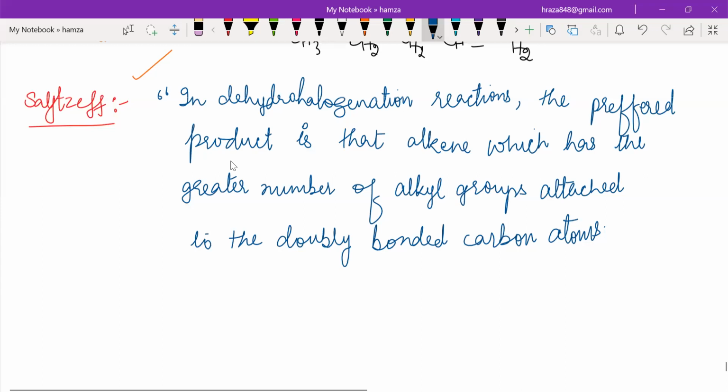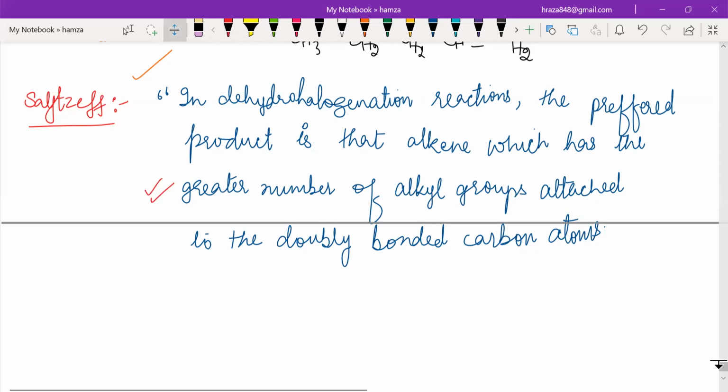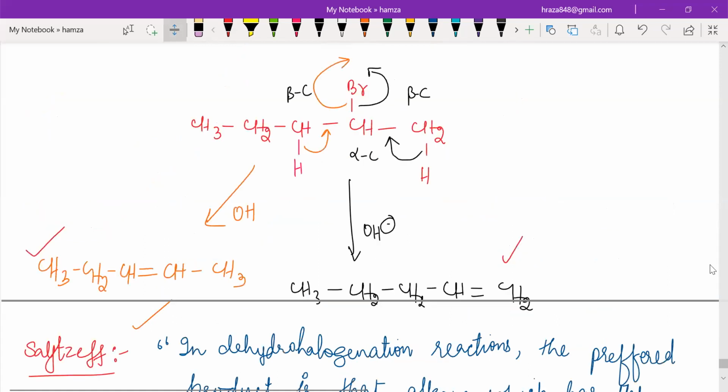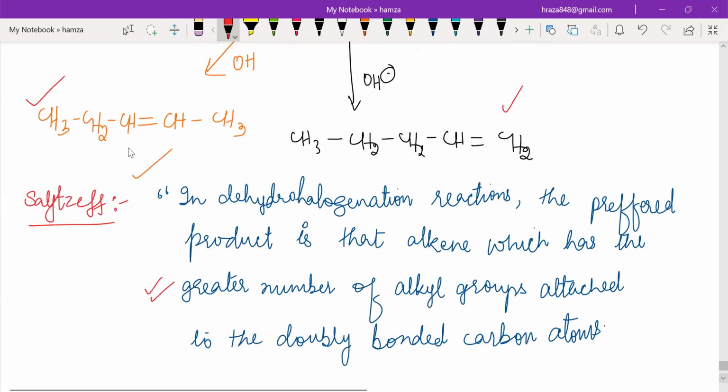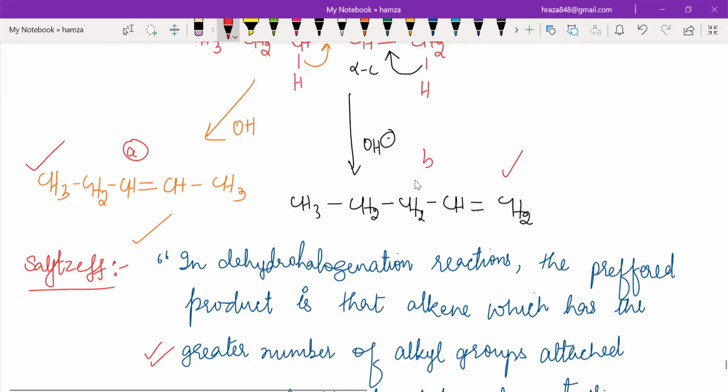Are you done with this, Nafisa? Yes, sir. Basically, the alkene which has more alkyl groups attached will be more stable, or the major product. So can anyone tell me which is the major product, A or B?